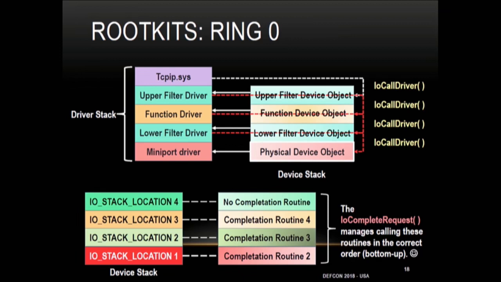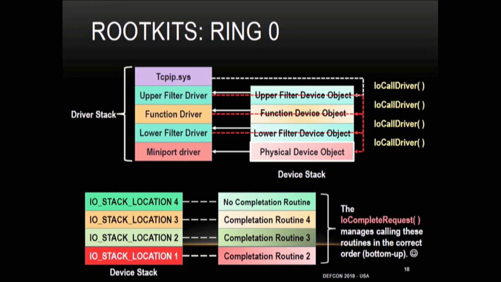Here I show you a complete picture about it. At left, we have the driver stack. At right, we have the associated device objects to each driver. Pay attention that the IoCallDriver function is called to pass down the IRP packet to the next layer.